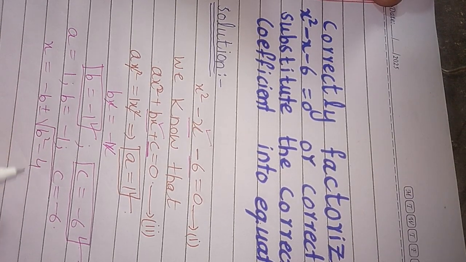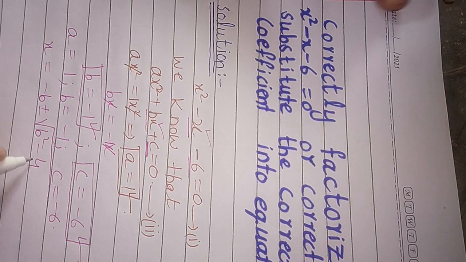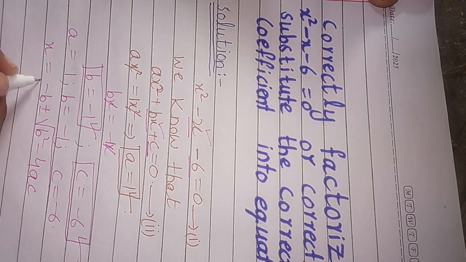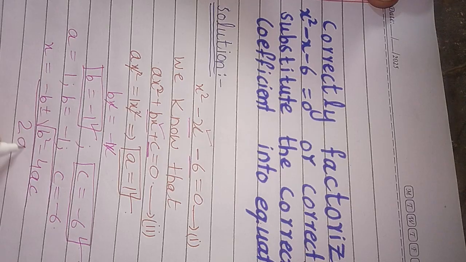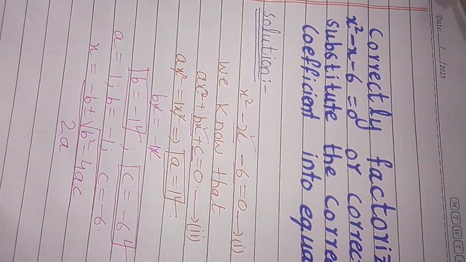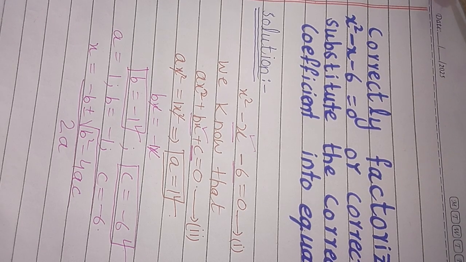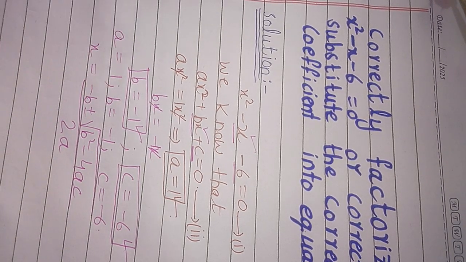So this is x equal to minus b plus minus the square root of b square minus 4ac, divided by 2a. Let's plug the values of a, b and c into the quadratic formula.